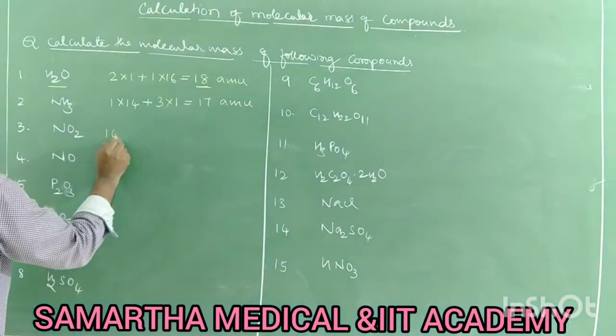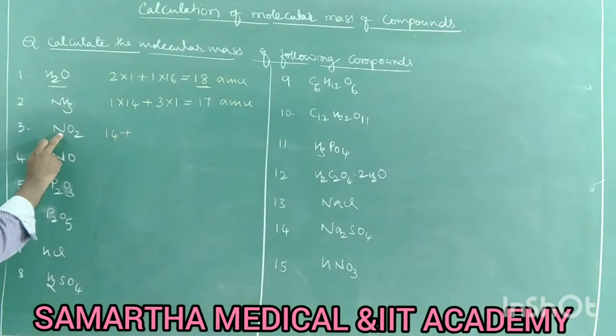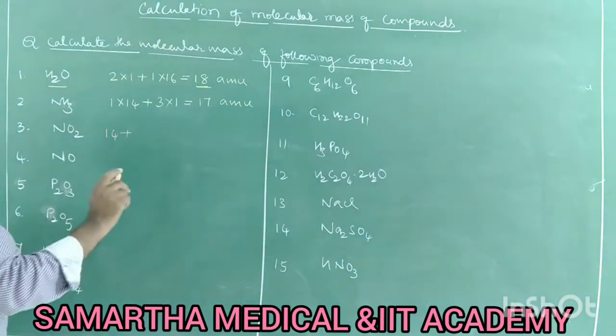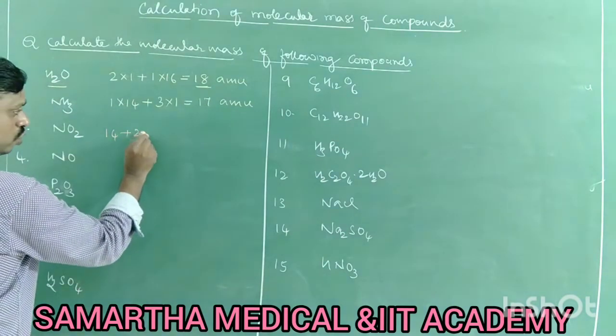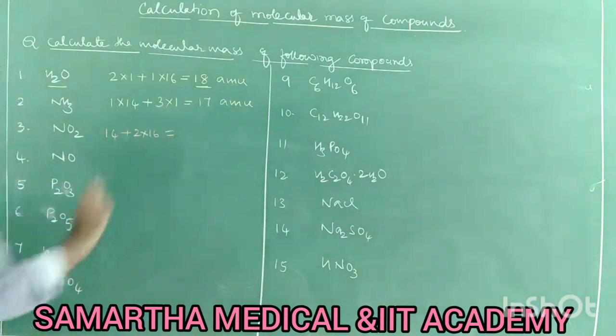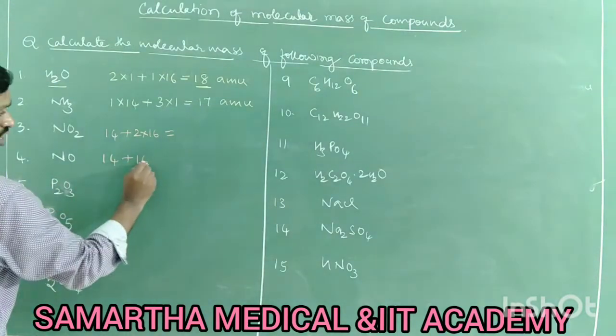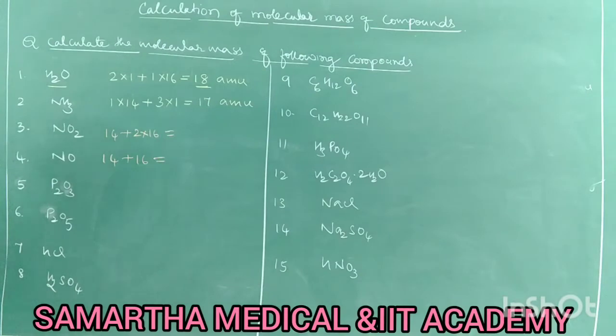Nitrogen 14, I'll write directly. There is only one nitrogen, so 1 into 14, 14 plus here there are 2 oxygen, therefore 1 oxygen is 16, 2 into 16. You just calculate here. Nitrogen is 14, 1 oxygen 16. Calculate and write.